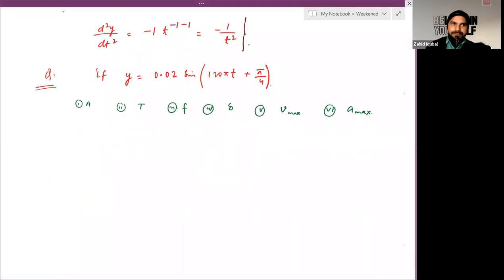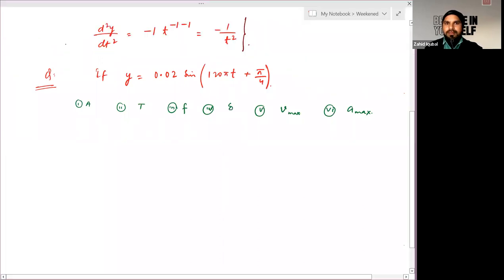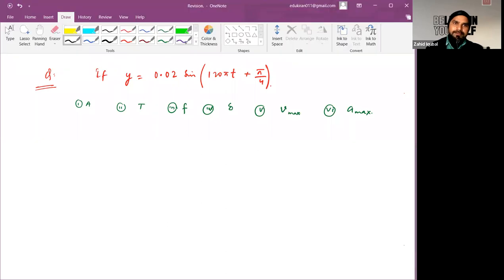The next question will be on the basis of energy. You'll be given a numerical related to mass and equation on the basis of which you'll be asked to calculate potential energy, kinetic energy, and graphs related to that. So just revise those different equations and graphs related to those problems.